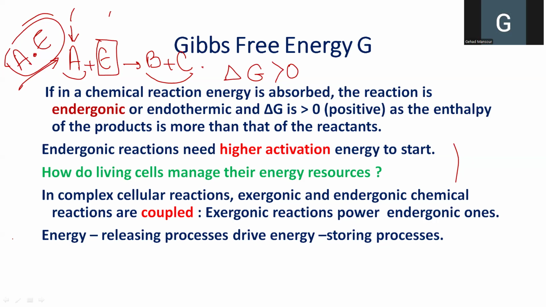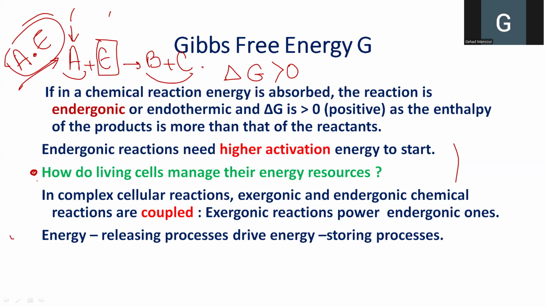And now there is an important question to ask, which is how do living cells manage their energy resources? You will always find along the course that in cellular reactions, as we've seen before, there are pathways of chemical reactions, and some of them are very complex. For example, you will see this clearly in cellular respiration and in photosynthesis.